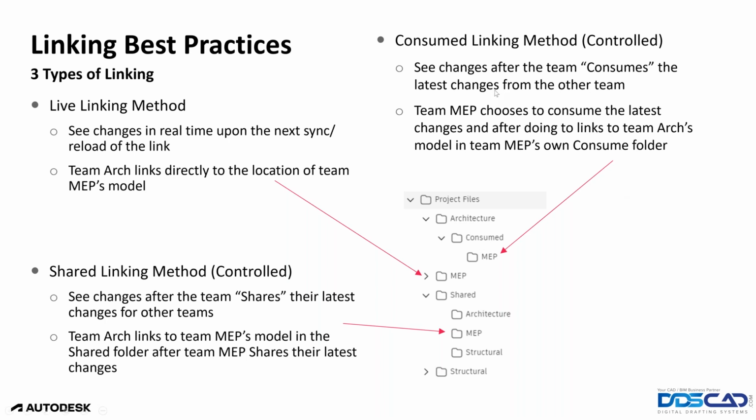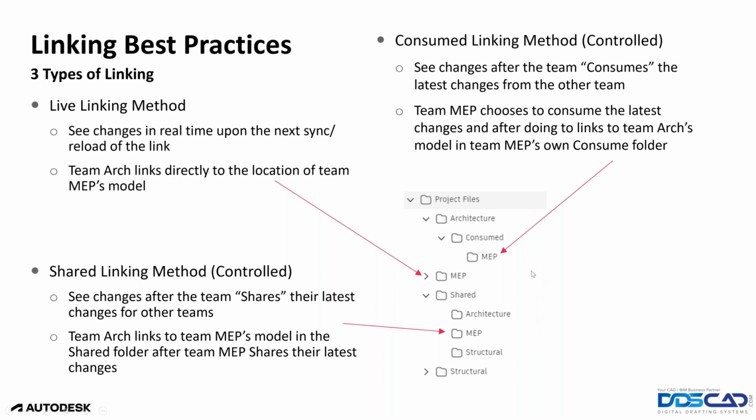And now the last and most controlled method is what's called the consumed linking method. Essentially, the consumed linking method is one where all of what we've just talked about has to happen. The changes need to be made, they need to be published, they need to be shared by the team. But then instead of it being under the control of the MEP team to say, here, this is the latest stuff, go ahead and have visibility to it now, the actual architect in this case will have to go in, look for those latest updates, and decide, okay, I'm ready to consume these latest changes.